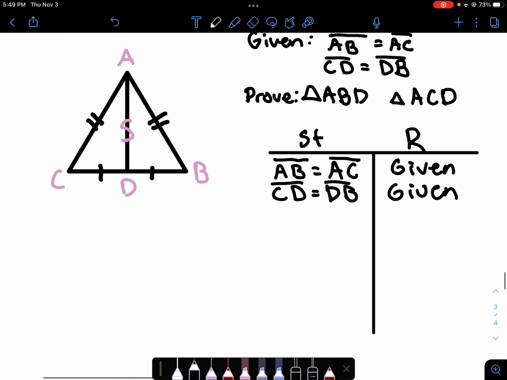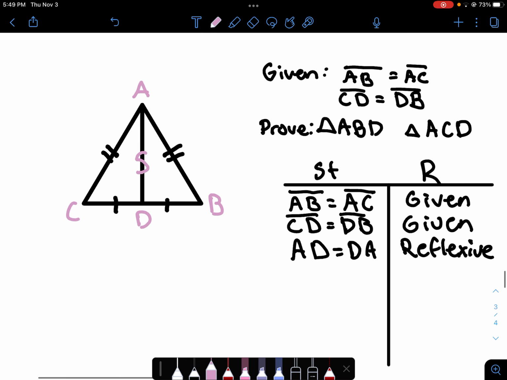And then let's start by saying AD equals DA, which is reflexive. Why are we using this property? Well, AD equals DA, we're just saying that so that you understand that that is the shared common side.